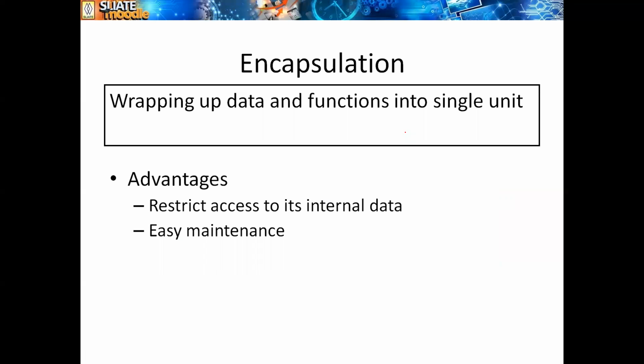Encapsulation: wrapping up data and functions into a single unit. When all the members and functions are combined in a single unit called a class, this process is called encapsulation. For example, in a company, two software projects are going on with two different teams.